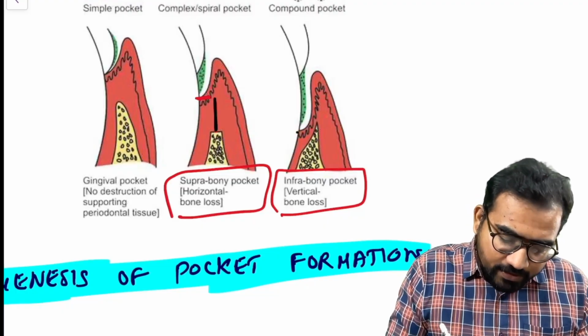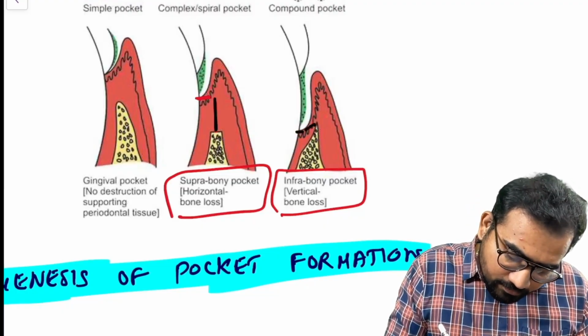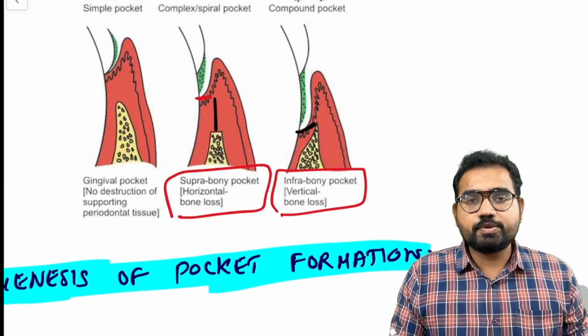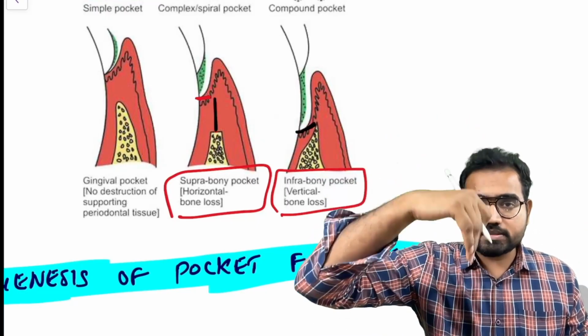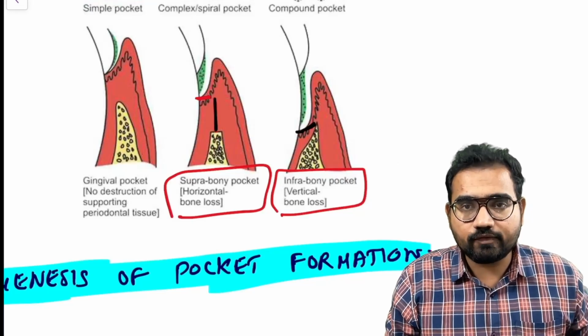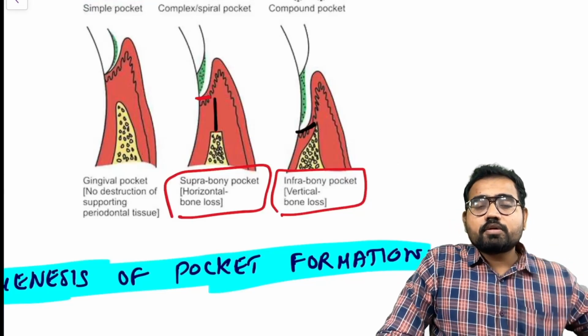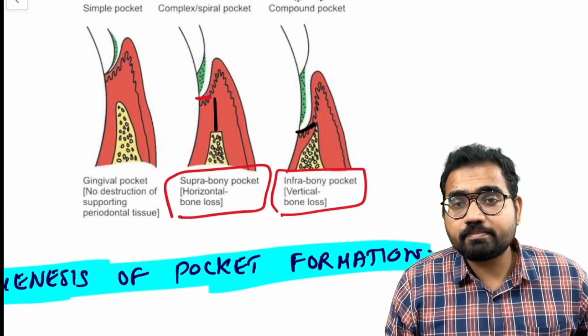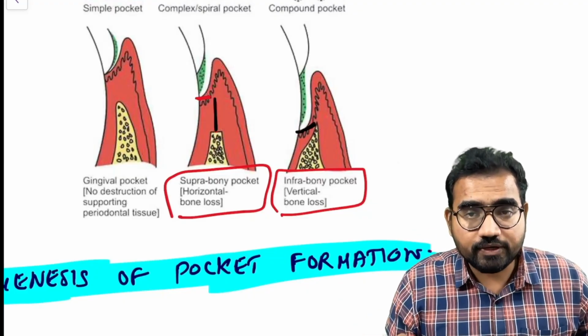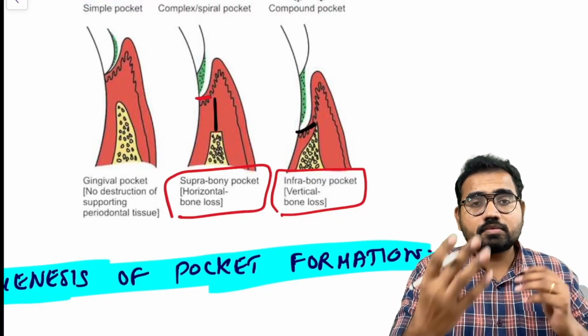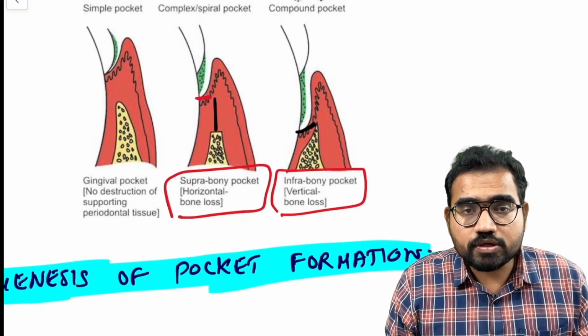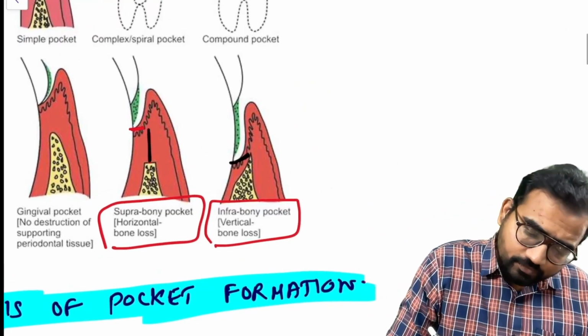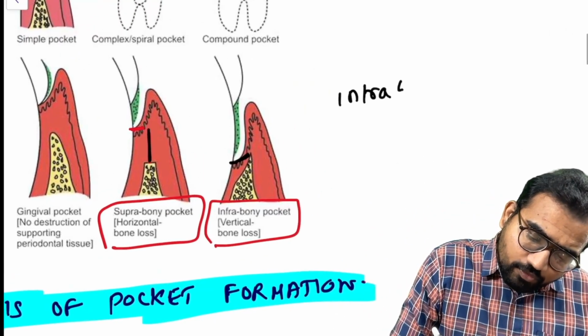Infrabony means the base of the pocket is below the crest, which means the bone is above and the pocket is below the level of bone. Vertical bone loss is most commonly infrabony, and horizontal bone loss will be suprabony.